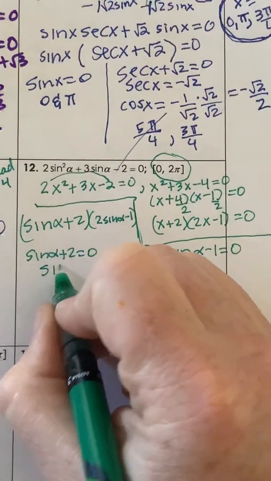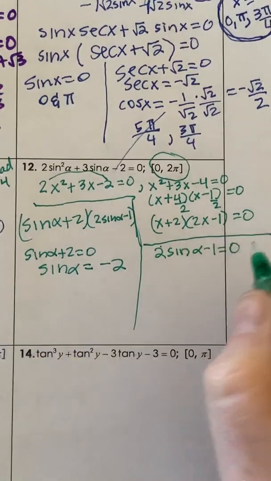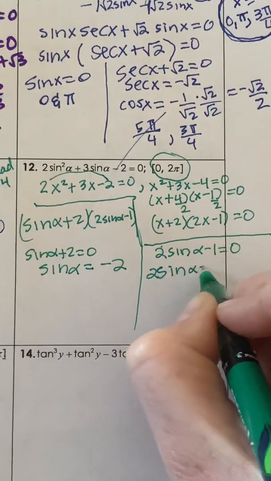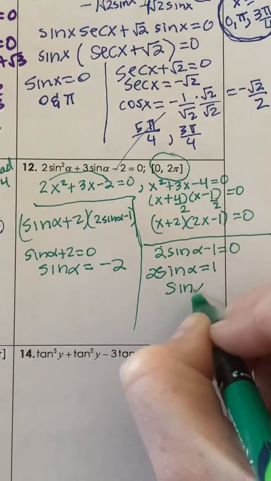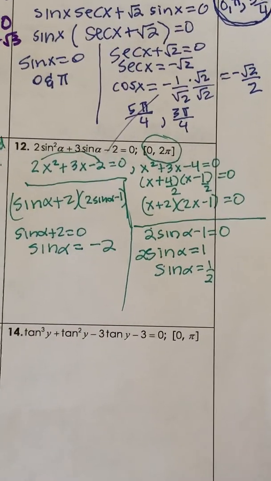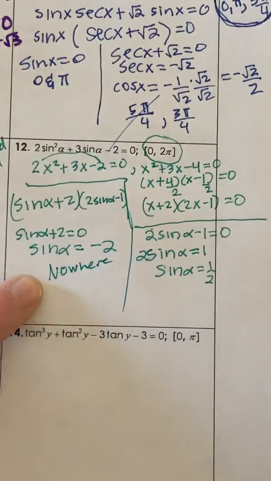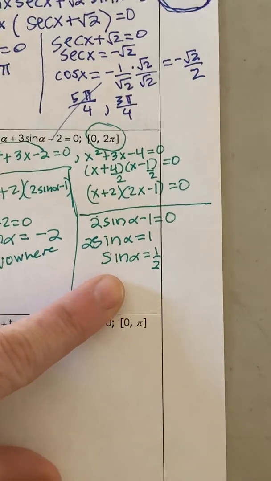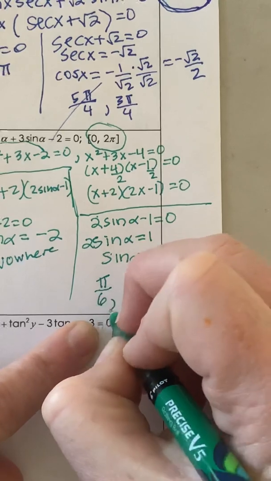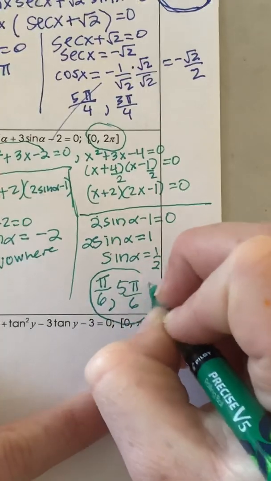This would be where sine alpha equals negative 2 on 0 to 2 pi, and where 2 sine alpha equals 1, sine alpha is 1/2. Okay, so from 0 to 2 pi, where will you get sine alpha is negative 2? Nowhere. And sine alpha is 1/2. Positive 1/2 will be at pi over 6 and 5 pi over 6.